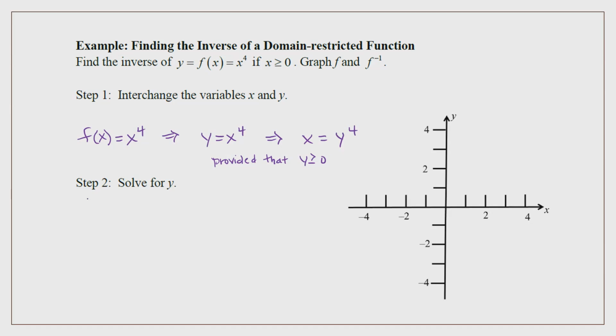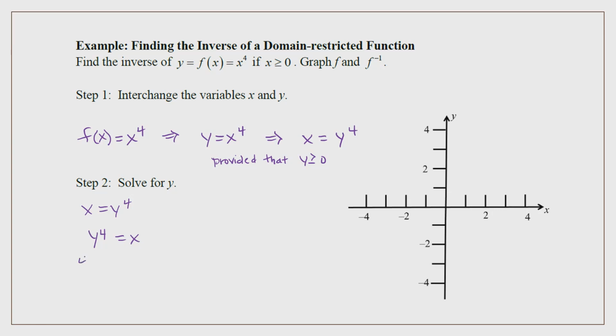Okay. Now we want to solve for y. So solving for y, let's move y to the left-hand side, x to the right-hand side. So I just switched both sides, but they mean the same thing.